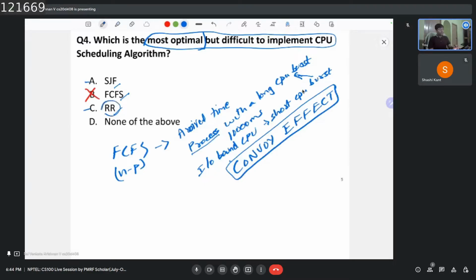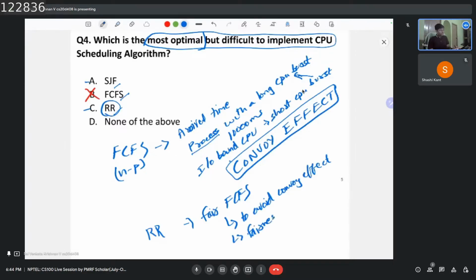Round robin is somewhat of a fair version of the same FCFS policy. Fair as in, to avoid this convoy effect and to have fairness among all processes, irrespective of its priority or whether it has a shorter job or something.